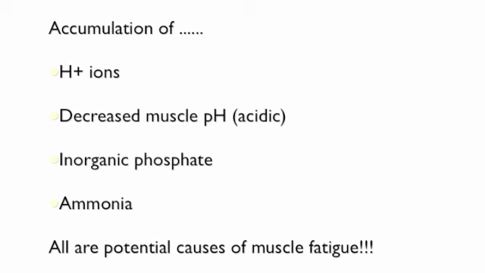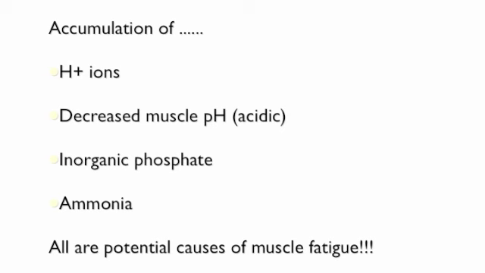We see more phosphate, and the phosphate, if you recall, to form ATP, creatine phosphate will break off a phosphate group to donate to ADP to synthesize ATP for energy production. So we will see more of this inorganic phosphate.